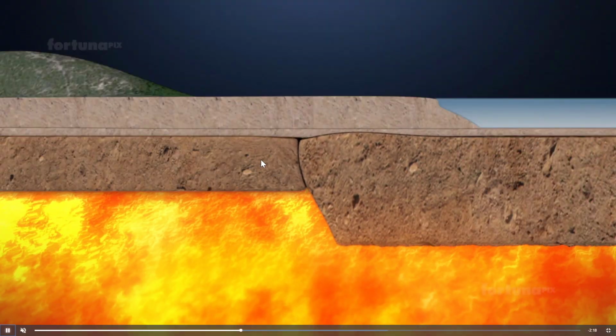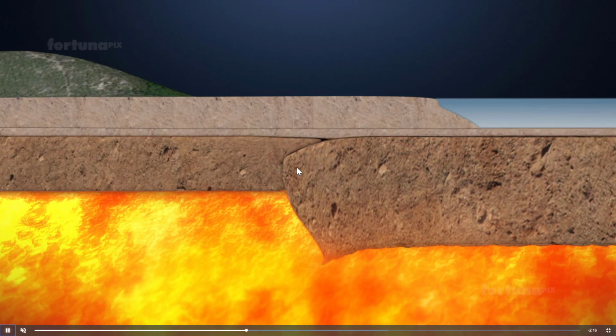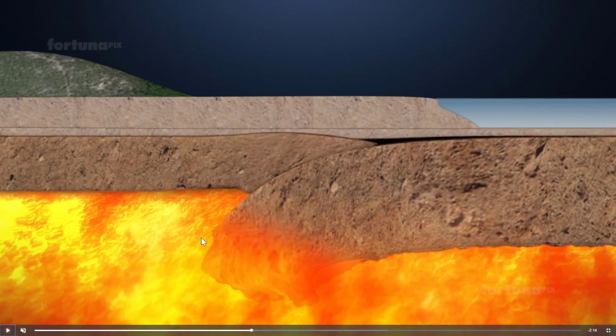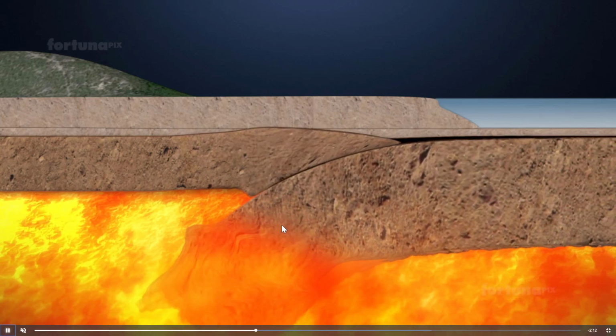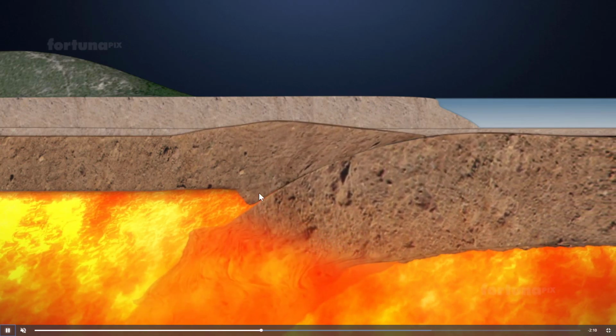So when 2 plates come together or start colliding, pushing against each other, we have a convergent boundary occurring. Convergent, you can think of collide, come together. And in a convergent boundary, we have a denser crust. And that denser crust starts sinking below the less dense crust.